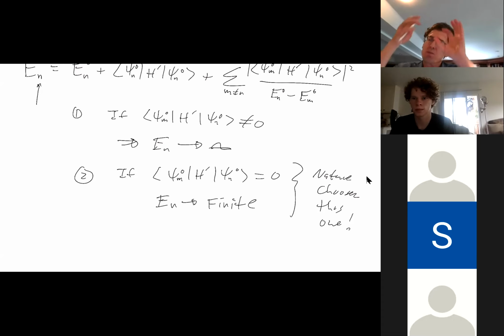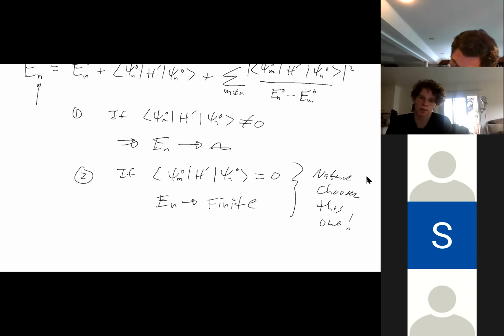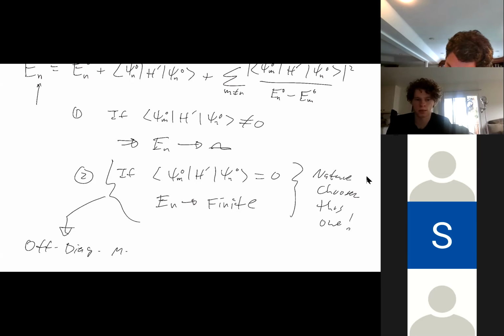Which of all the different superpositions of the degenerate eigenstates, what is that magical superposition that causes this off-diagonal matrix element to go to 0? Because for my energy to be finite and for my perturbation theory to work, I need these off-diagonal matrix elements of H prime to go to 0.